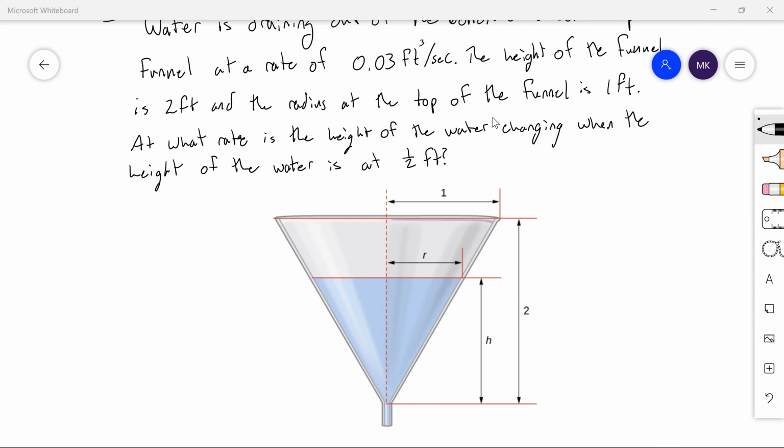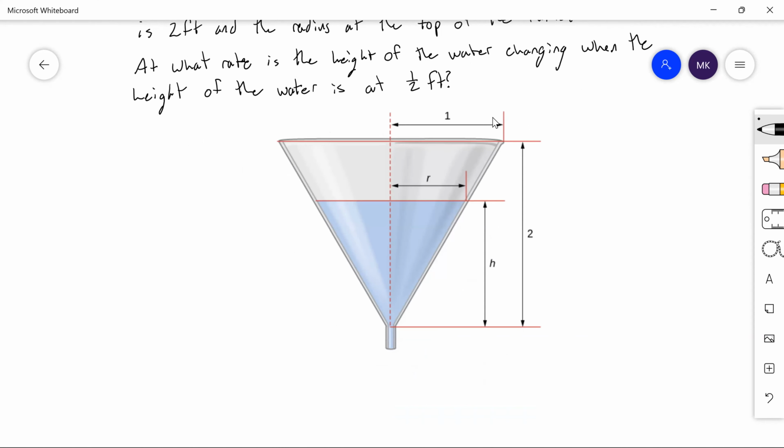So what this problem is asking us to find is the rate of change of H. So it wants us to find H prime of t when H of t is 1/2.